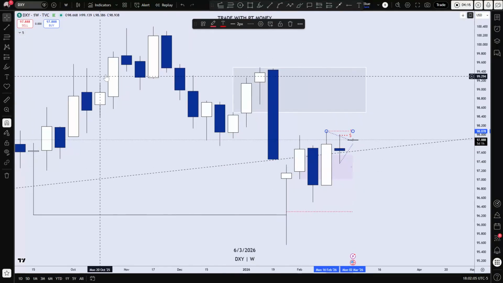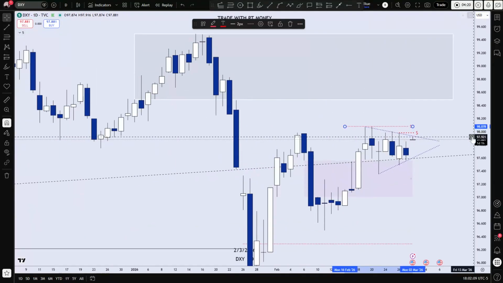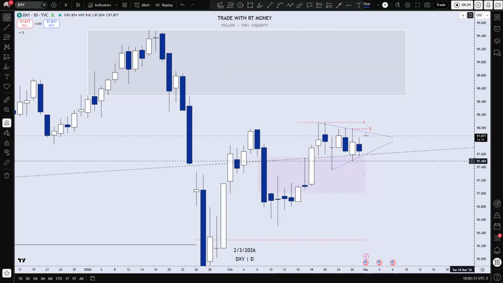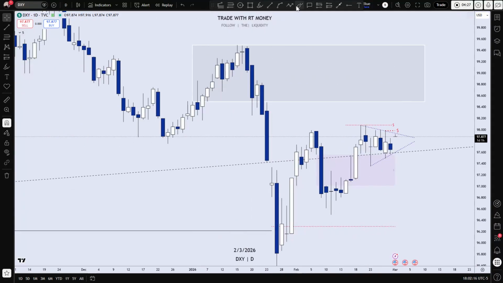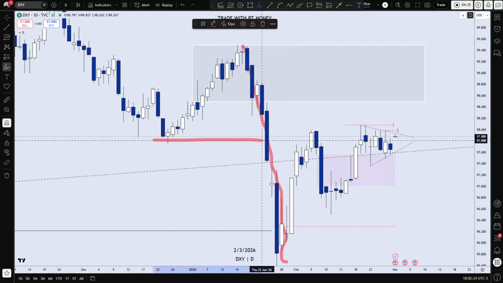Now, if we go to the daily, you can see, like I was talking about last week, let me get some markers here. So you see the impulsive move to the downside, creating this area of fair value, right?